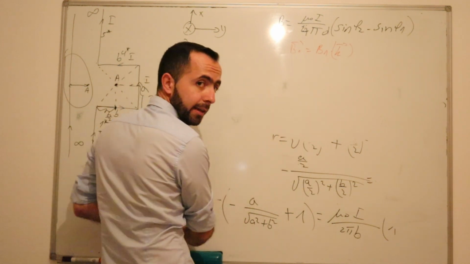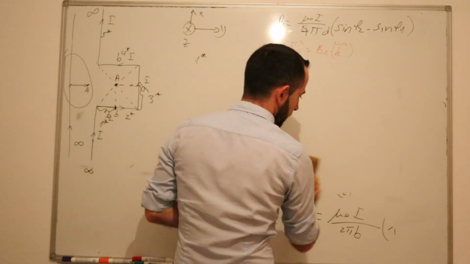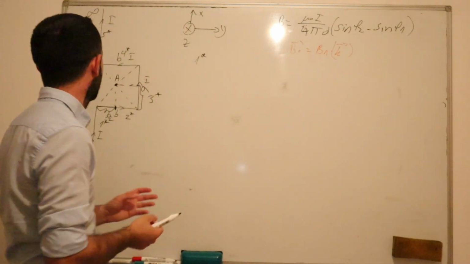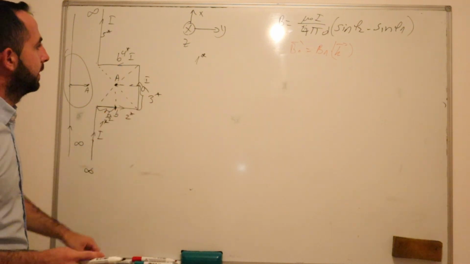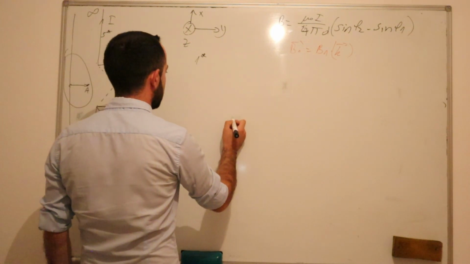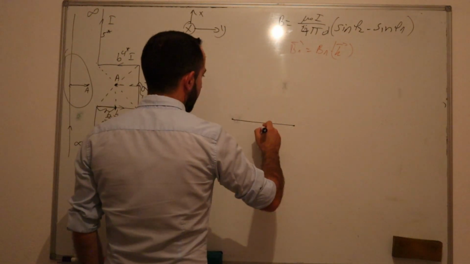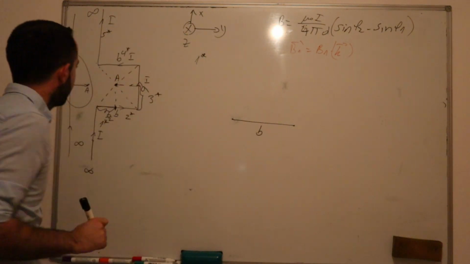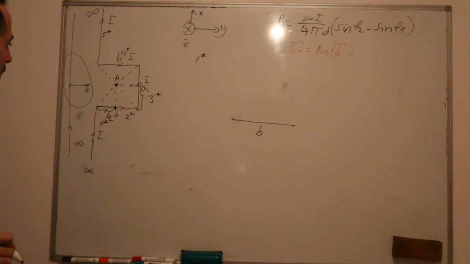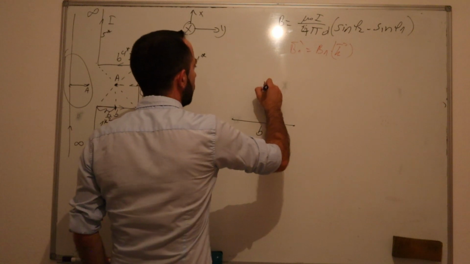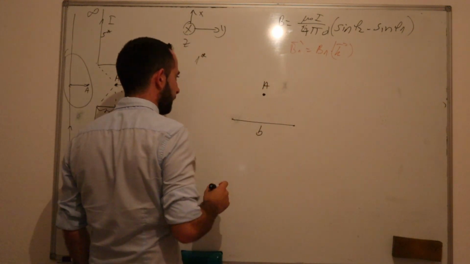Now let's calculate for the second case. The second case is this case. So I have this. The length of this is B. I have a point here where I need to calculate our magnetic field.